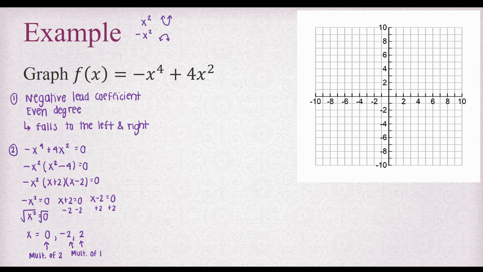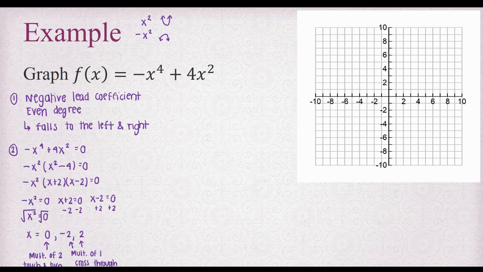Remember, anytime I have an even multiplicity, that tells me that I am going to touch and turn. Anytime I have an odd multiplicity, it's going to cross through. So a multiplicity of 2 means I'm going to touch and turn. An odd multiplicity means I'm going to cross through.